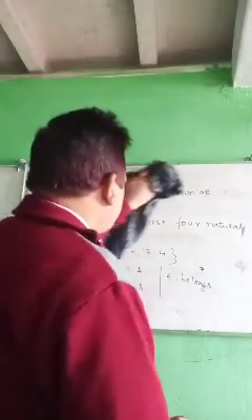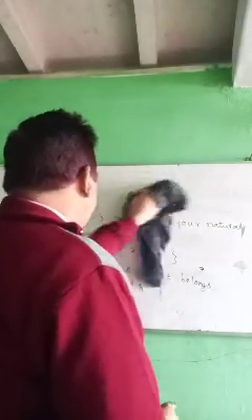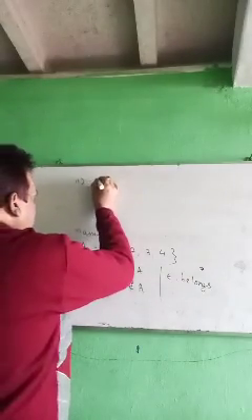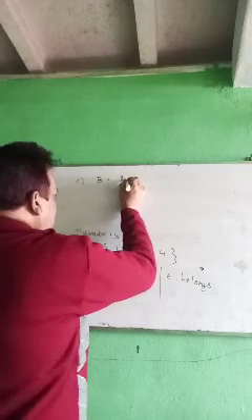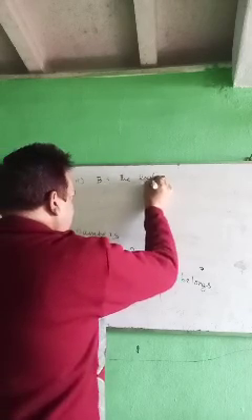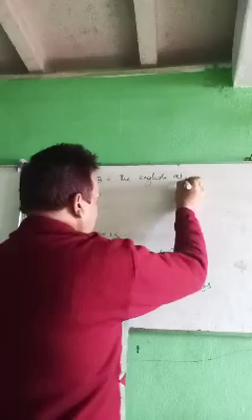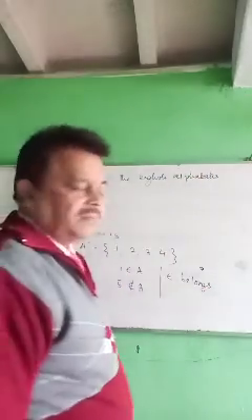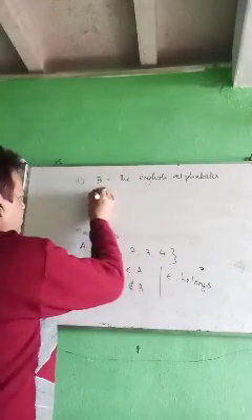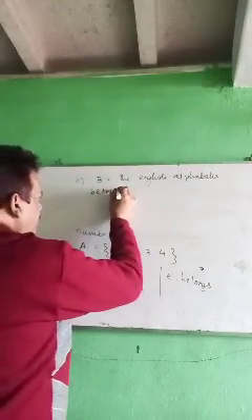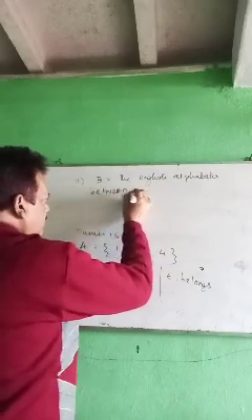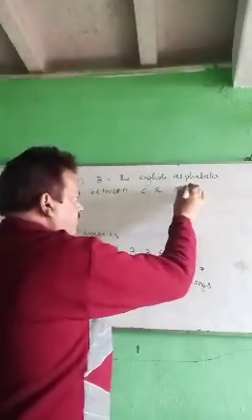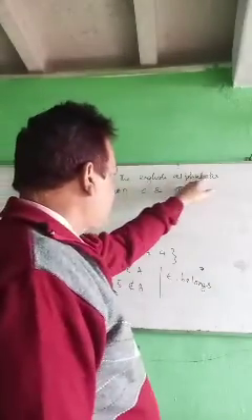So if I take another example here, B is a set. Suppose the English alphabets between C and F. So which are the English alphabets between C and F?